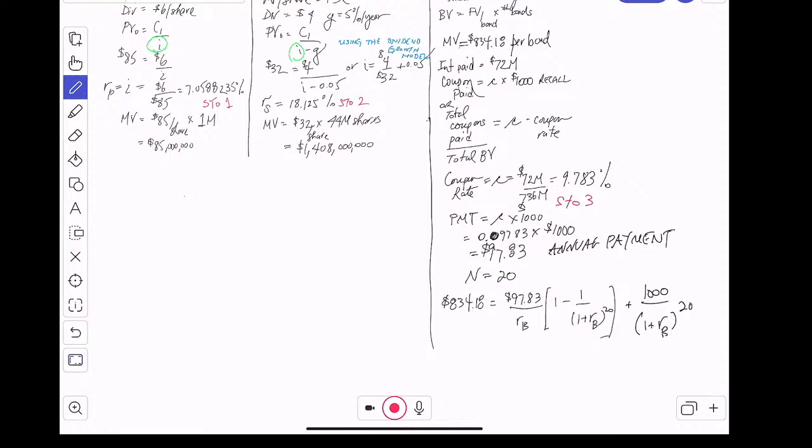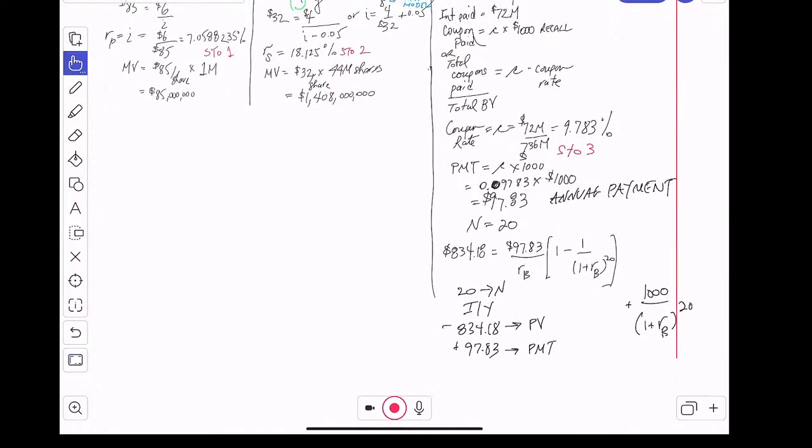So here we are. We can put this information into the calculator. 20 into n. RB is what we want, so we leave that blank. Then we put in 834.18 as a negative into PV. If that's purchased, then 97.83 would be a payment. That should be a positive into payment.